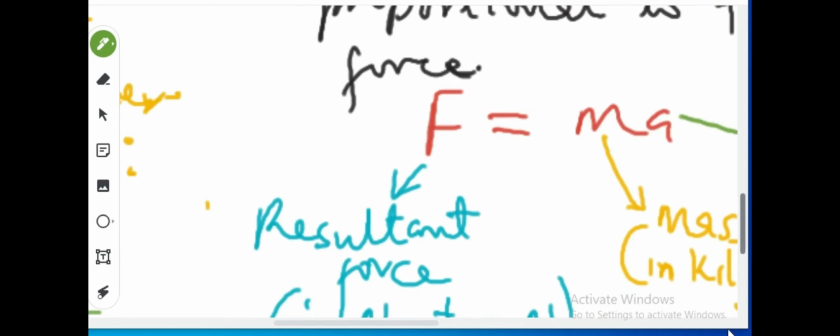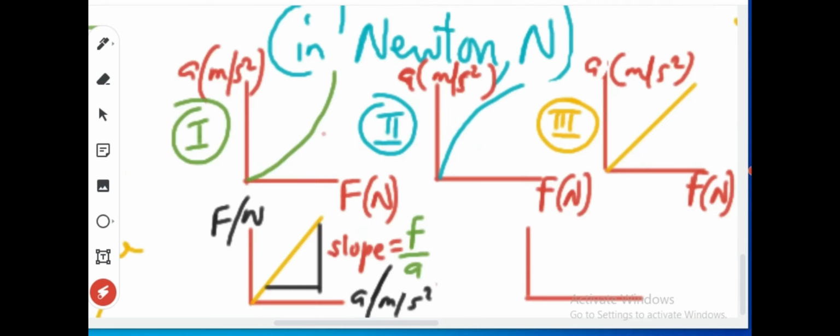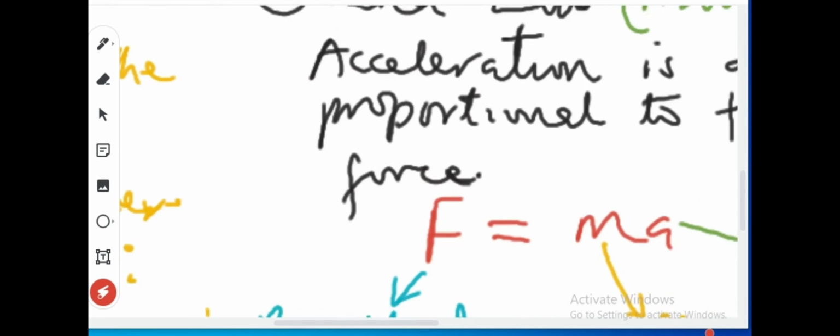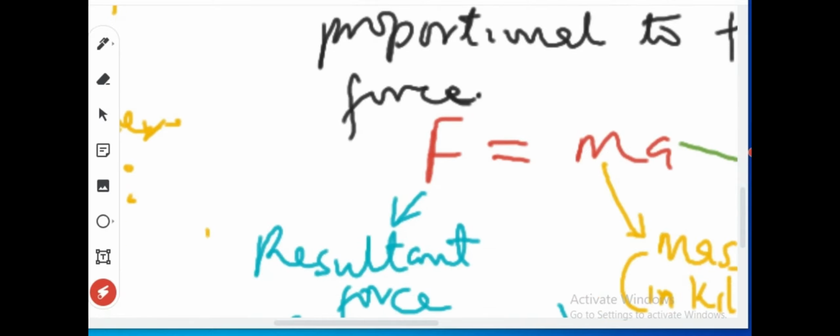Look at this. This is where it is important. You need to pay attention to it. Slope is rise over run, which is force over acceleration. And what do you think force over acceleration is? Mass. Yes, that's correct.